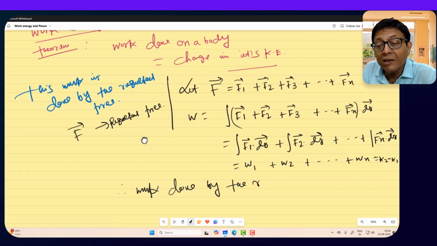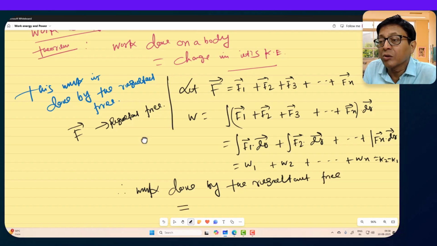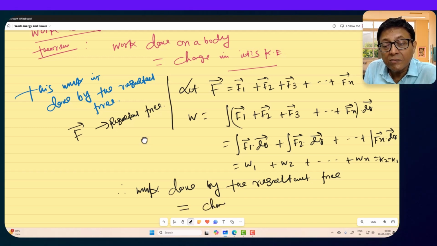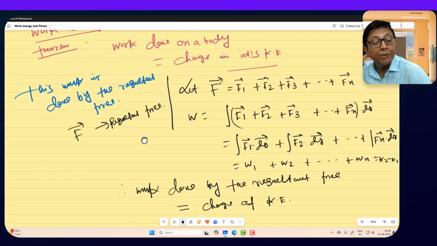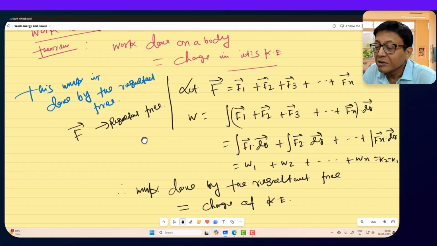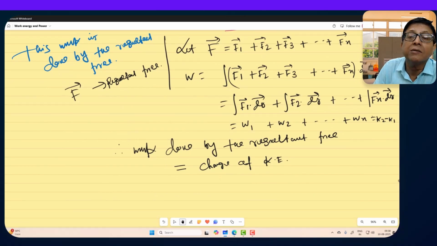Work done by the resultant force is equal to change of kinetic energy. This is applicable for all system of particles. Any system of particles has to obey this.